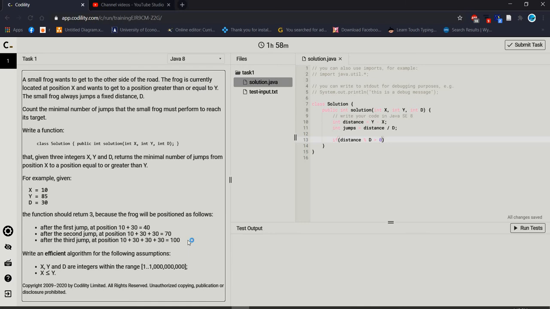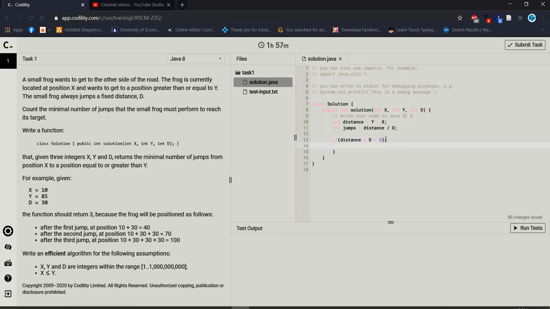That's why you have to check this condition. Then I have to increase the jump count. After that I have to return jumps.